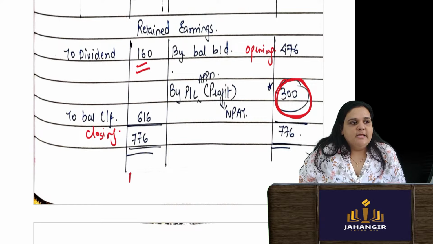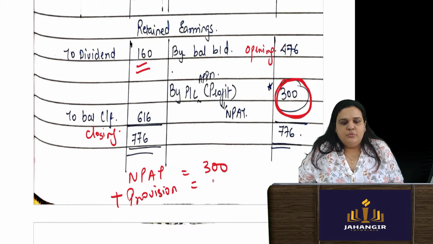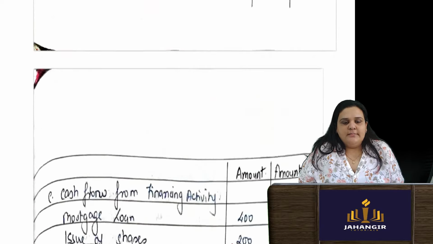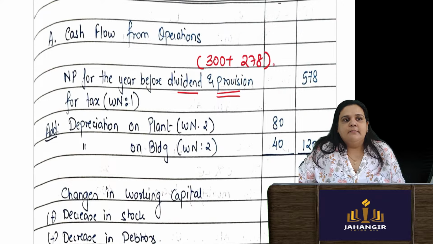So you can do this: net profit after tax 300, add back the provision for tax, which is how much? 278. Okay, so you are going to get this amount of net profit for the year before dividend and before provision. It will be 578, 300 plus 278. 278 is your provision for tax.